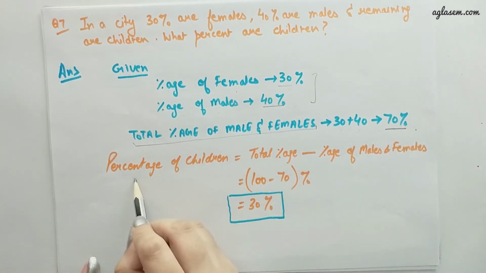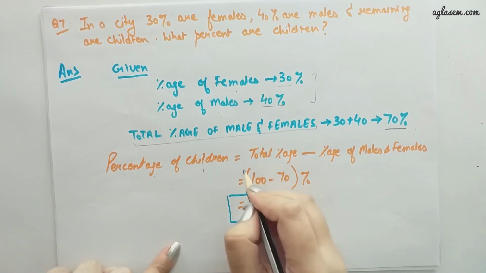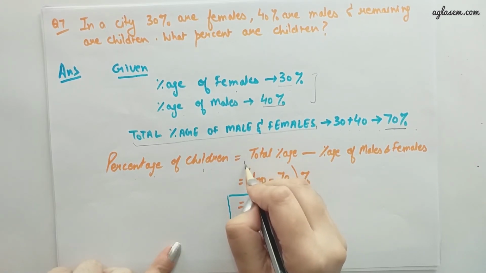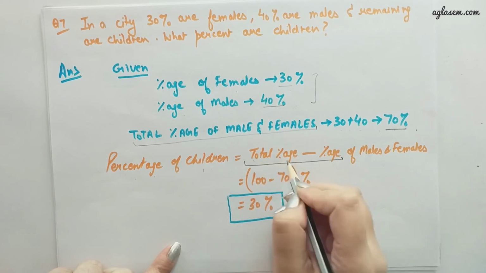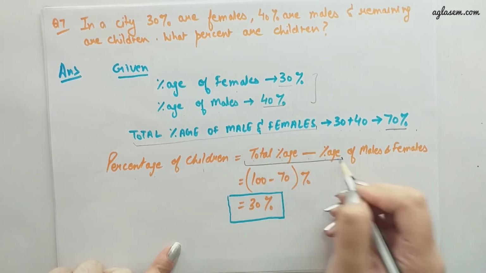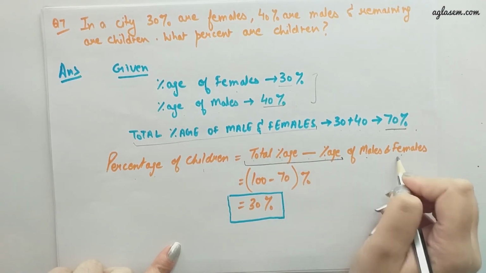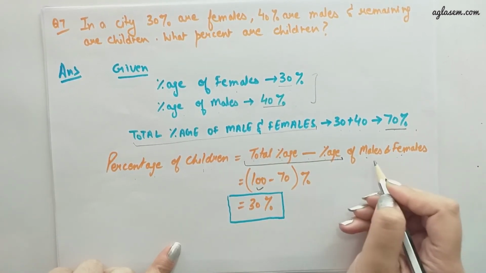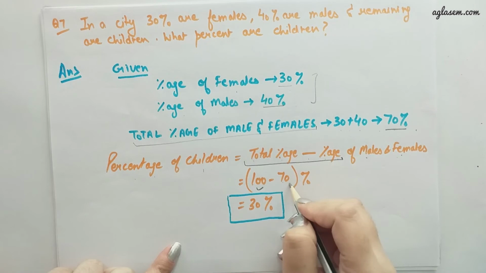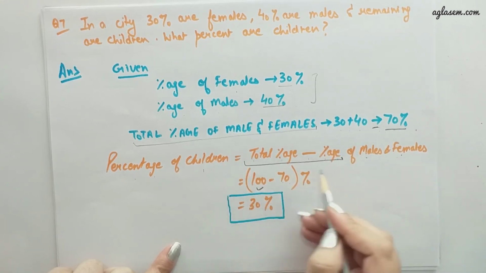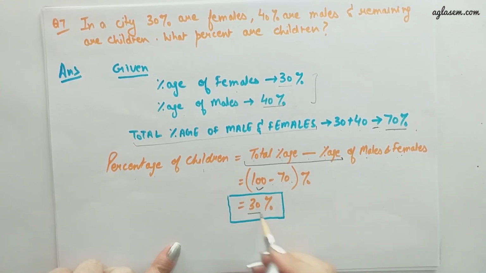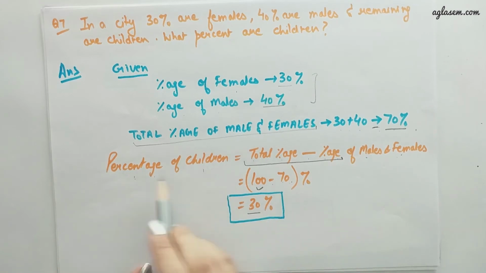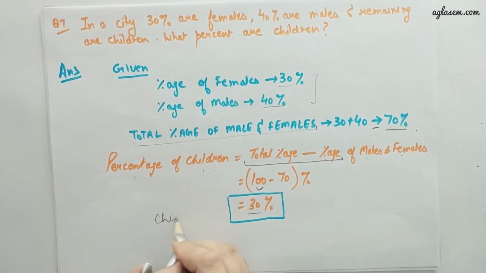Now to find the percentage of children, what is the formula we'll use? That is total percentage minus the percentage of males and females. So we know that total percent is 100, the percentage of males and females is 70%, which we calculated in this part. So 100 minus 70, that is 30. So the percentage of children will be 30%.